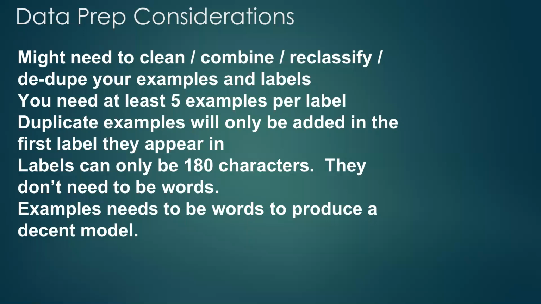If you're pulling things like names of products, and maybe the product names weren't designed in a way that was very concise, they were designed for marketing purposes or something like that, you might want to pull out some of those extraneous words, and that can actually improve the quality of your model.